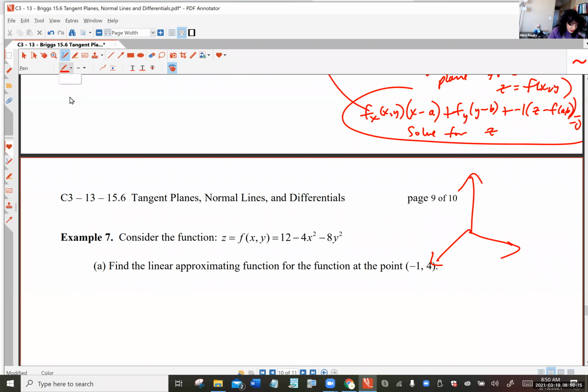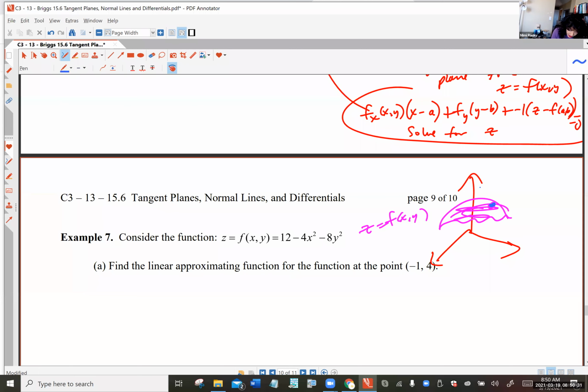Just visually speaking, let's say you had some capping surface here given by a function of two variables like this. And let's say you picked a point right there and you figured out the tangent plane at that point.